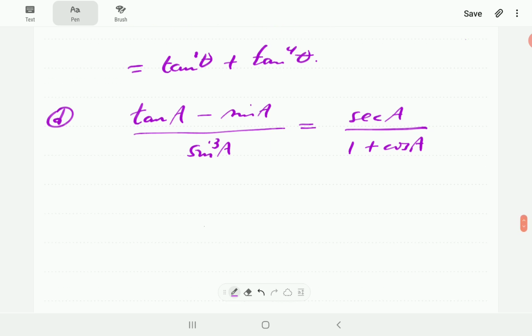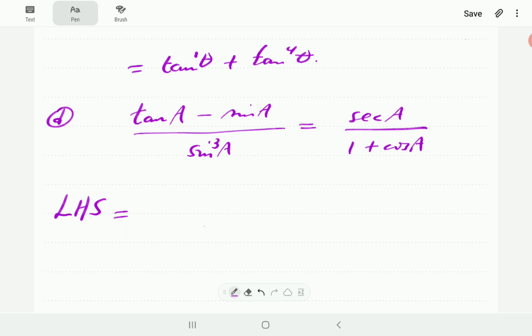The first thing we note here is that on the right hand side you've got cosine here and secant here. So we know that secant is 1 over cosine, so everything this side is in terms of cosine. So we'll keep that in mind as we work out the left hand side.